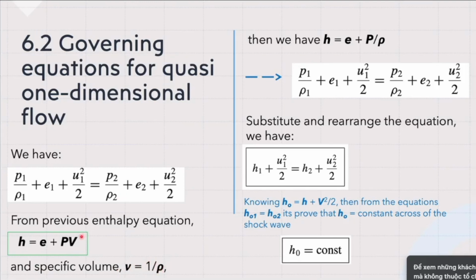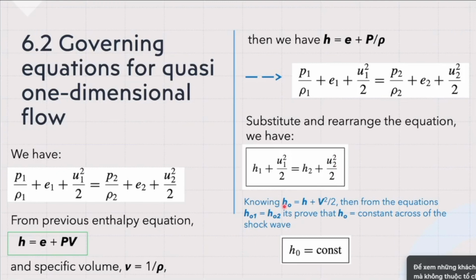So we replace the specific volume, right? And we then have the enthalpy in terms of the pressure and density. So replacing those values in this expression, right? And substitute and rearrange the equation, we then have the expression of enthalpy as well as the velocity at station 1 equal to enthalpy at station 2, okay, as well as the velocity squared at station 2.